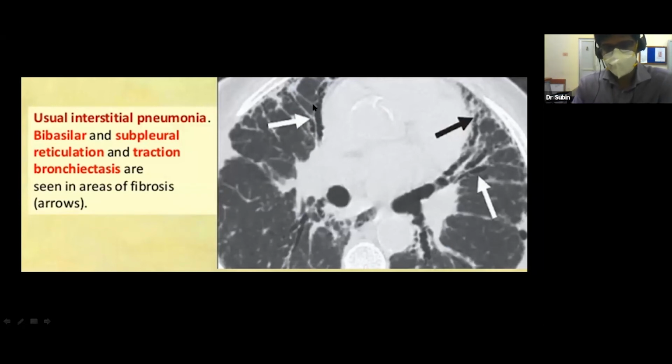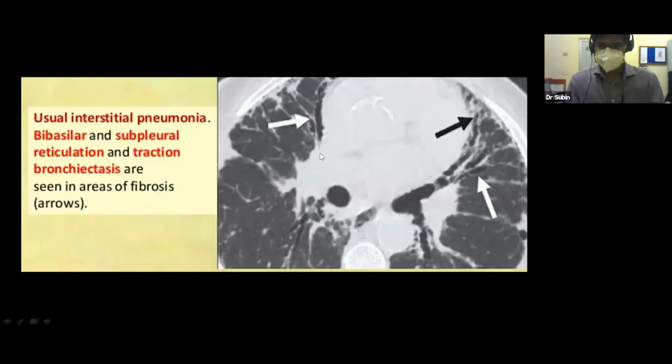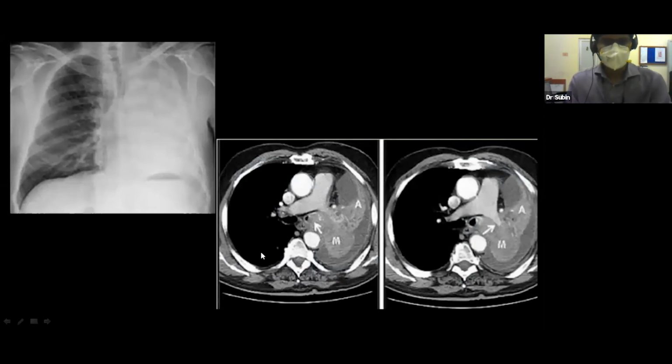Because of the fibrosis, the walls get pulled and the bronchial walls remain dilated. That's called traction bronchiectasis. This is what we see in areas of fibrosis. This is not the normal bronchiectasis. You can have other kinds of bronchiectasis, like in alpha-1 antitrypsin deficiency and other conditions, where it may not be associated with this kind of fibrosis.